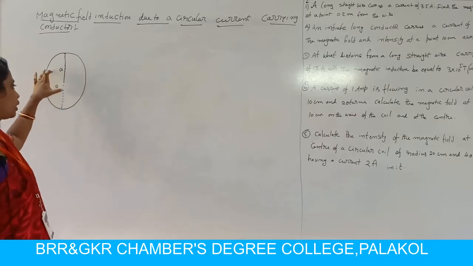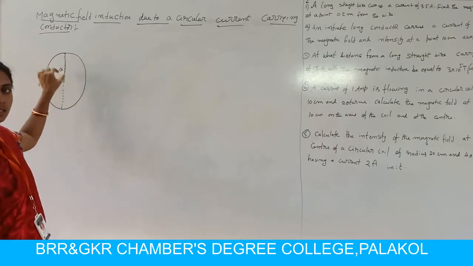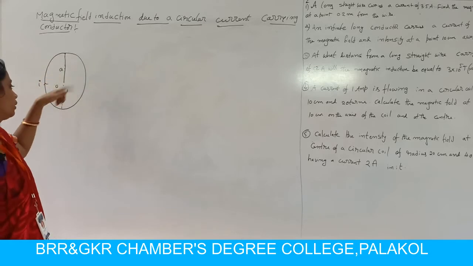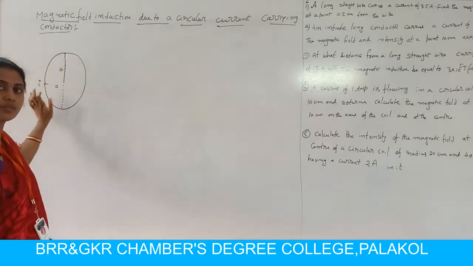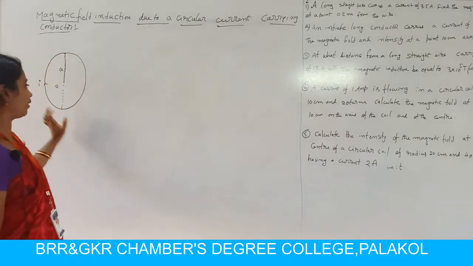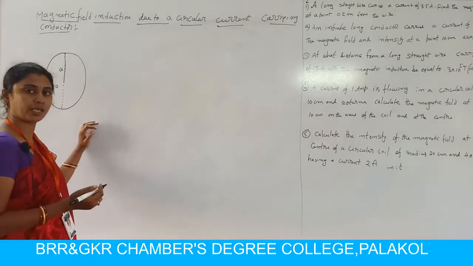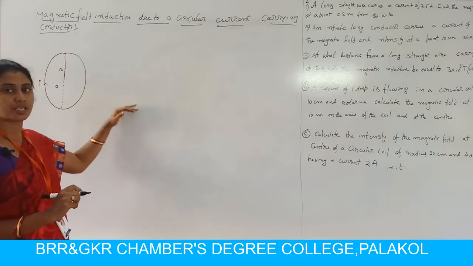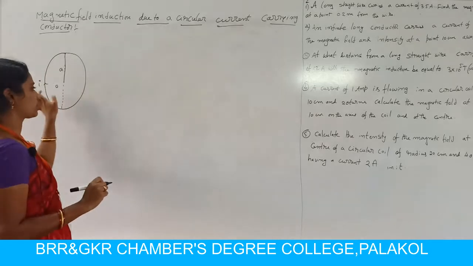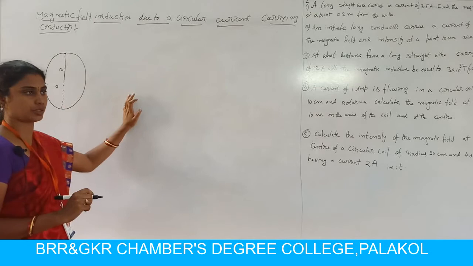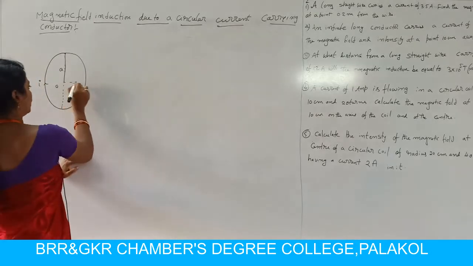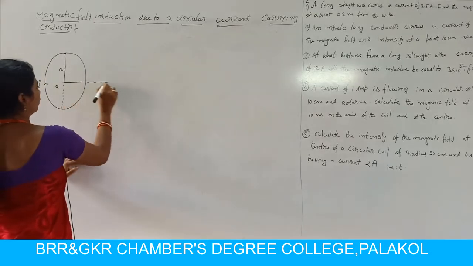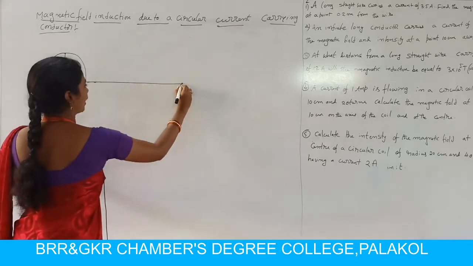Whenever the current is flowing through a conductor, automatically perpendicular to the current direction a magnetic field is produced. Hence here magnetic field is produced, and we consider a point for calculating the magnetic field direction.